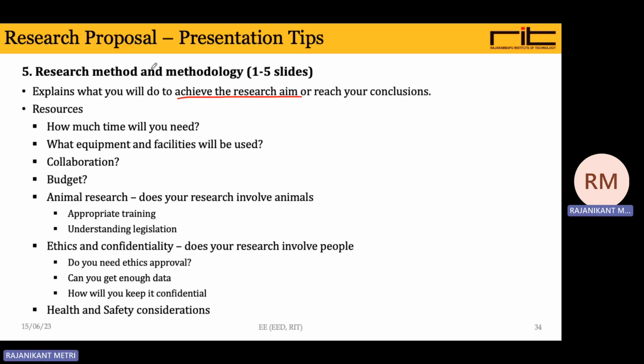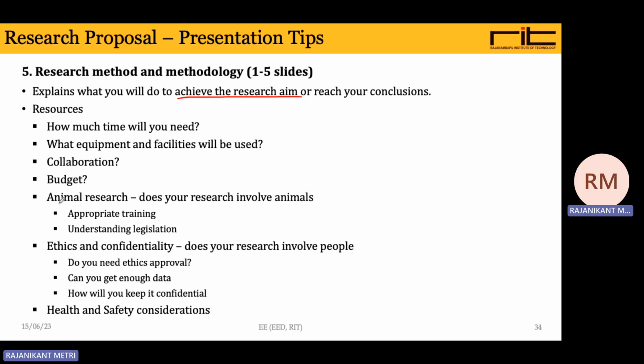Those things should be incorporated, and for that, how much time will you need, what equipment and facilities will be used, and are you going to collaborate with any other researcher, organizations, or institutes, or how much budget is required, the probable budget.